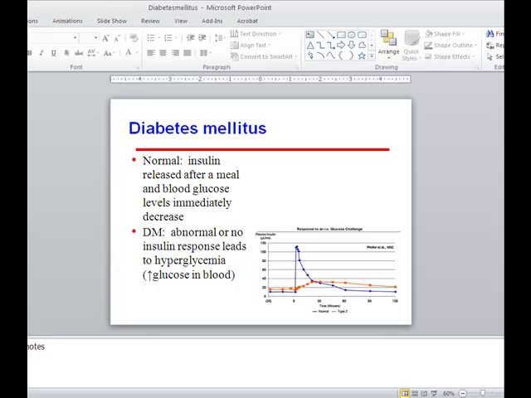So the graph out here, the blue actually shows the time after the meal, and how the insulin levels in the blood change.